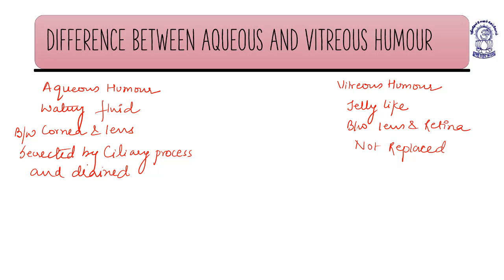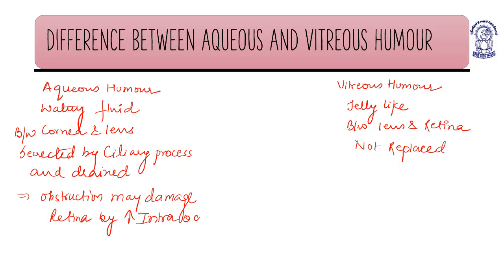Obstruction in the flow of aqueous humor may damage the retina by increasing intraocular pressure and is the reason for glaucoma. And vitreous humor does not flow. No flow is seen.